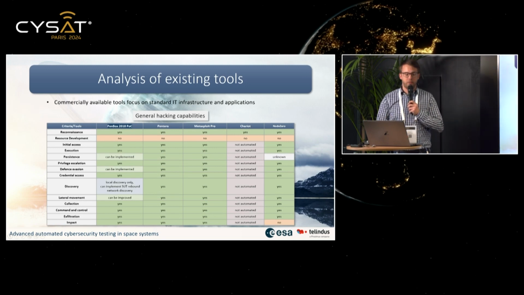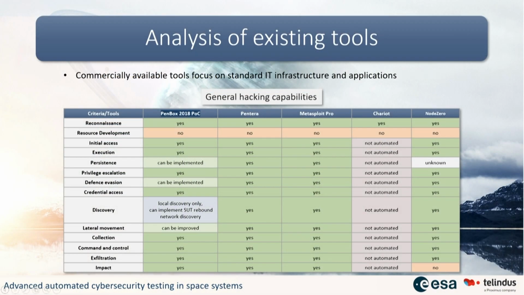So a bit of history on this project. This is actually the second iteration of an existing project, which was the PenBox. You may have seen the PenBox named in a previous presentation today. PenBox is an automated penetration testing tool, and that's the one we developed in 2018, more or less. And now this is the second iteration.